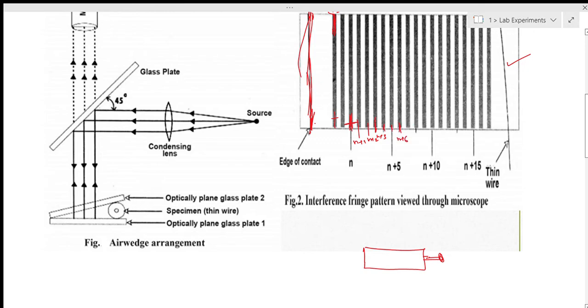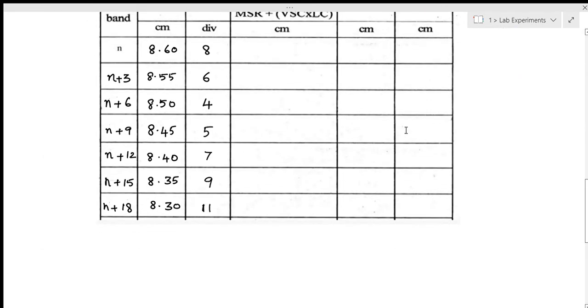In a similar way, starting from any one fringe considered as n, for every three fringes, it should be in any one direction. Either in this direction or in the other direction, n, n plus 1, n plus 2, n plus 3. Any one direction throughout the experiment.